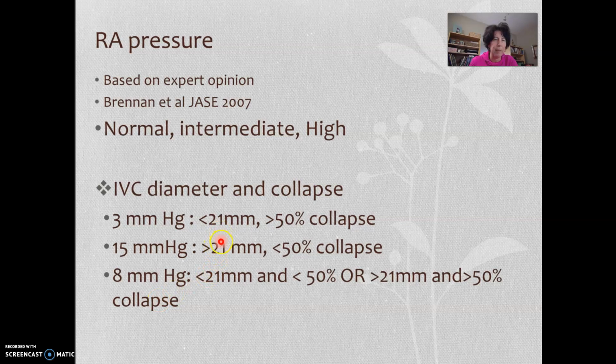If your IVC is very small and collapsing, your CVP is low. If it's very big and not collapsing, then it's high, and then you have an intermediate. Not super helpful in ventilated patients, but in spontaneously breathing patients, if you get a good picture, this can be helpful to assess volume status.